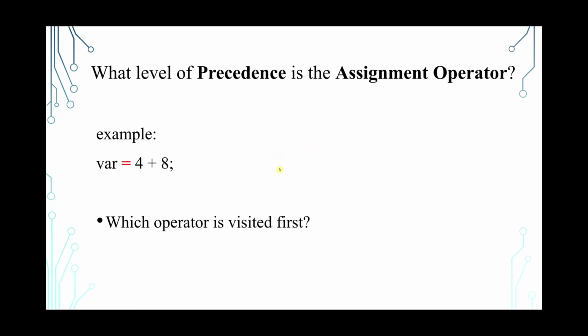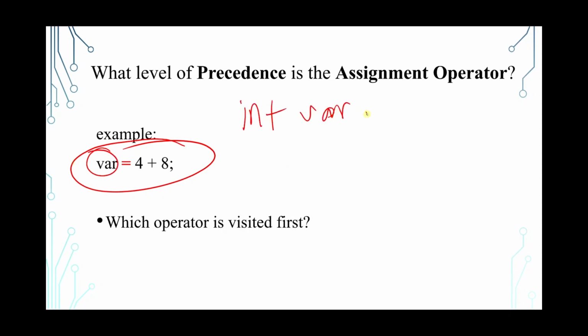So what level of precedence is the assignment operator? If we have something like that, assuming that you defined var. When I say defined, you did something like int var before, and this is semicolon. Assuming that you did that before, what level of precedence do we have in here?